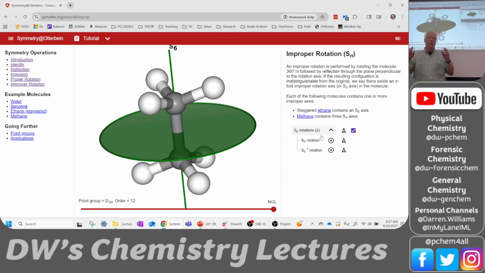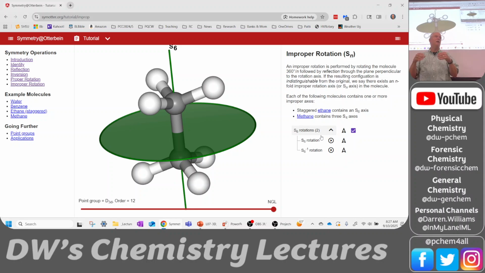If 2 hydrogens can be connected by any symmetry element, they are by definition equivalent. So that tells you something about NMR, doesn't it? We've got equivalent hydrogens. They're going to be at the same chemical shift. And so this is a way to know that every hydrogen in this molecule is going to be at the same chemical shift value. You've got 6 hydrogens, but you're going to have 1 peak in the NMR.